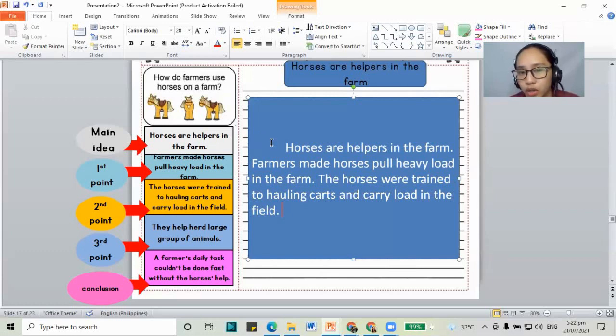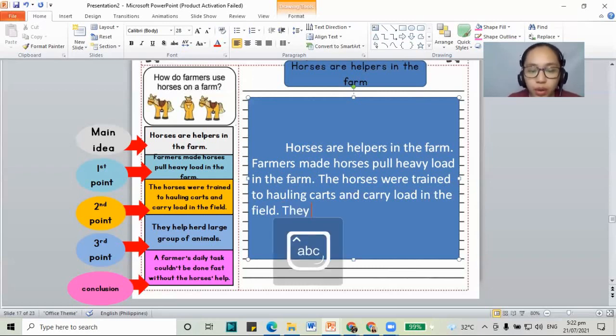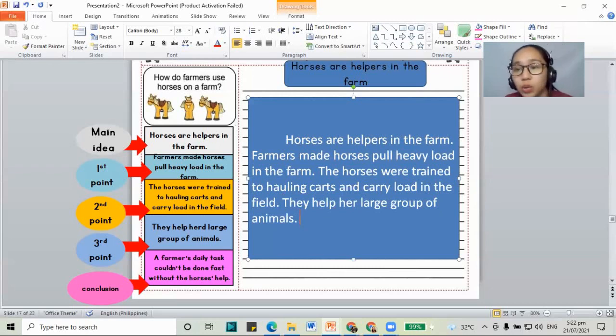The first sentence is your main idea. You go with the first point, then the second point. Now we move to the third. They help herd a large group of animals. And once you're done with the third point, you write the conclusion at the end.